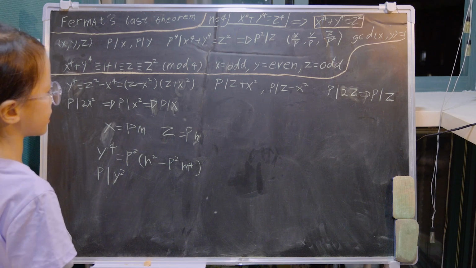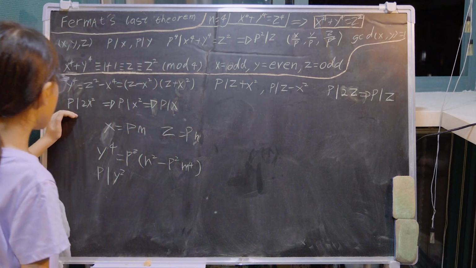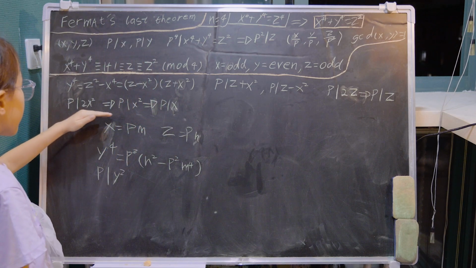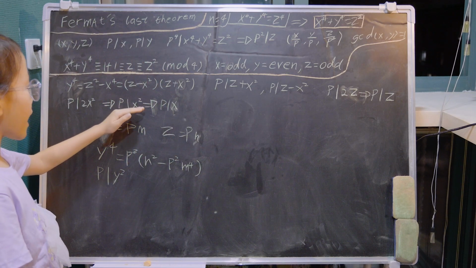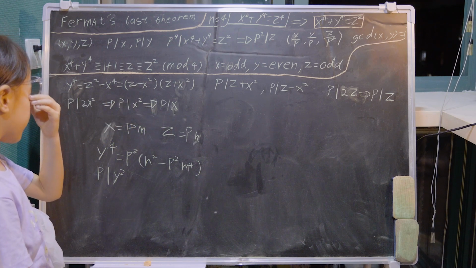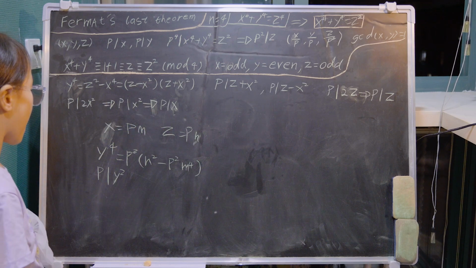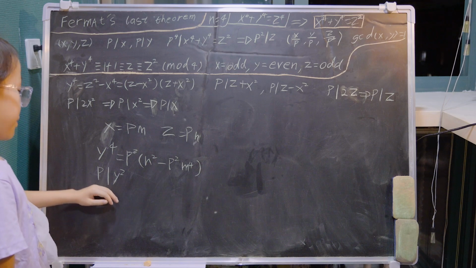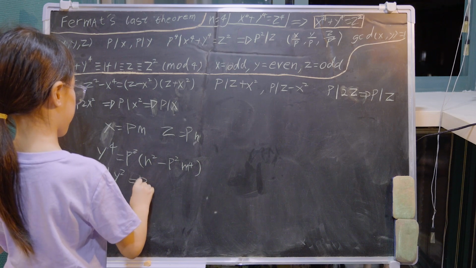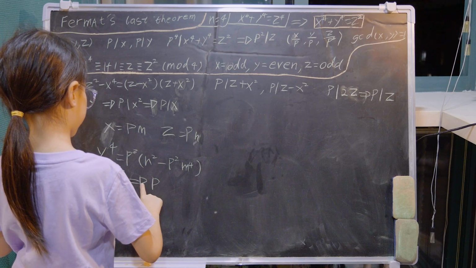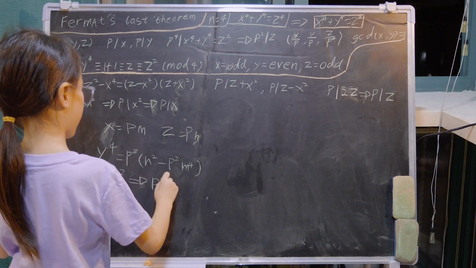For the same reason as before, since p is a divisor of y squared, p is a divisor of y because p is a prime. So now we have proved p is a divisor of y.